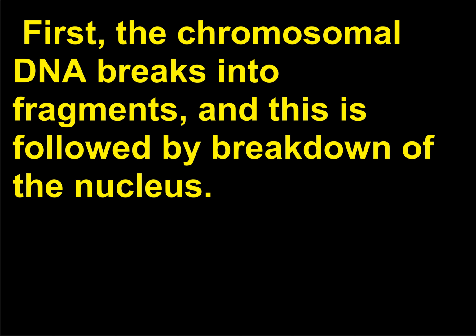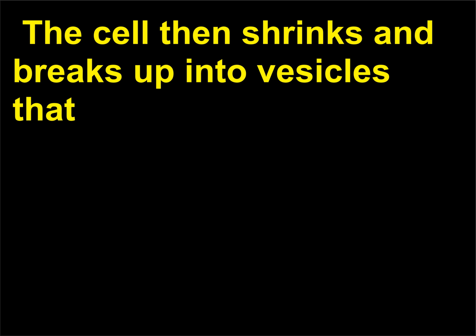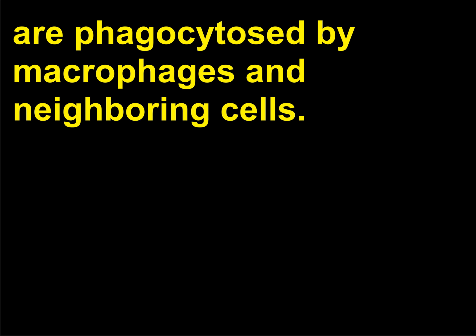First, the chromosomal DNA breaks into fragments, and this is followed by breakdown of the nucleus. The cell then shrinks and breaks up into vesicles that are phagocytosed by macrophages and neighboring cells.